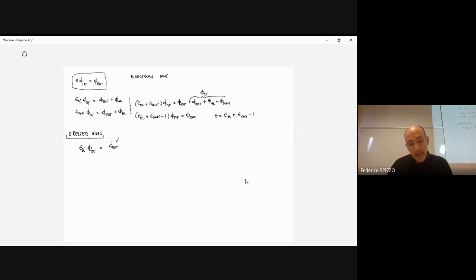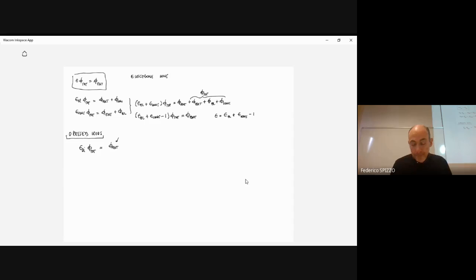But when the dressed ions have to interact with this potential, they do not interact directly with the external potential, because the dressed ions are surrounded by this cloud of conduction electrons that may rearrange their configuration depending on the external potential.